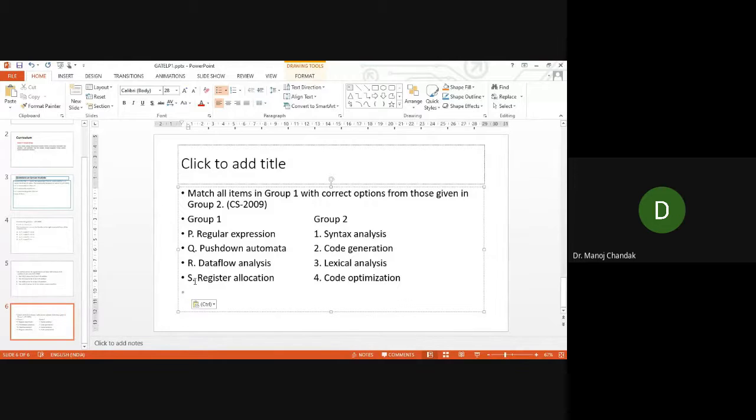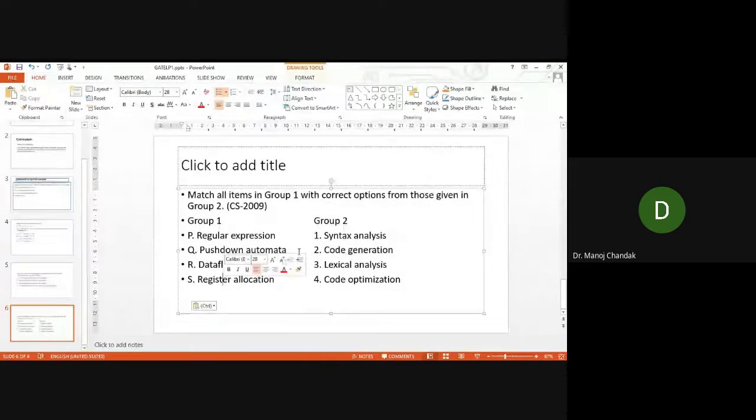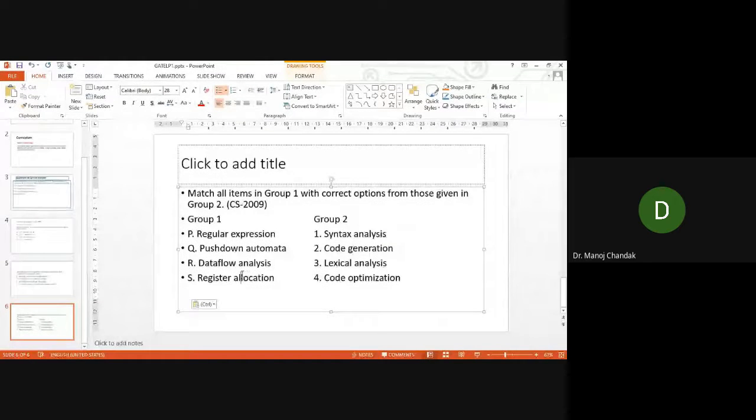Okay. So just remember that registers are allocated at the time of code generation. So this S and 2 will be connected. Data flow analysis you do for code optimization. And regular expressions you use in lexical analysis, and pushdown automata you make use of in syntax analysis.